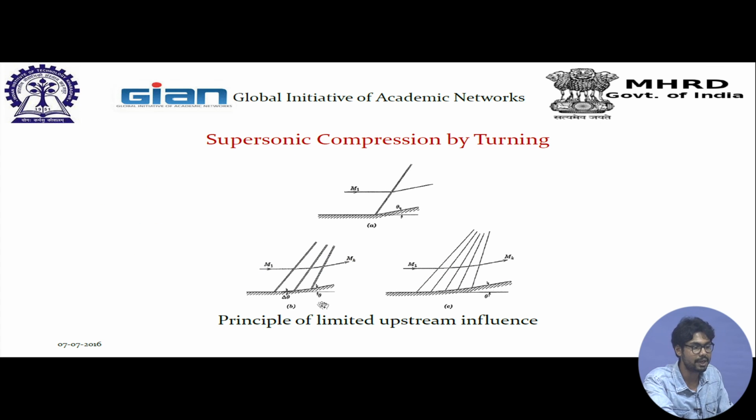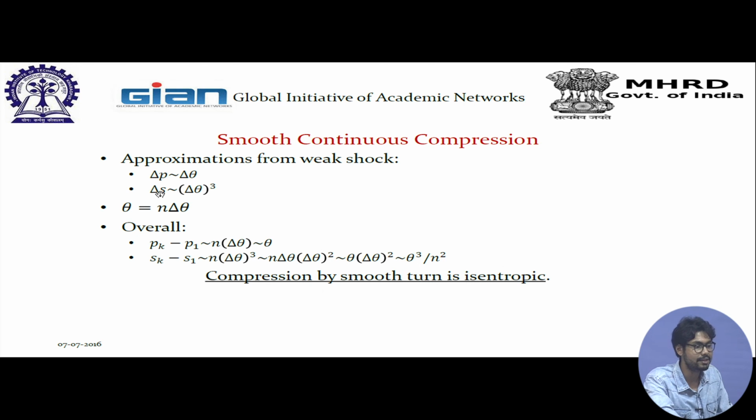Now, instead of doing that, if I divide this single theta step into n number of thetas, which gives us a smooth transition of the flow turning, this gives us something close to an isentropic flow, because in that case the change in entropy delta S is proportional to theta cube, and with n number of steps in theta, it is proportional to 1 by n square.